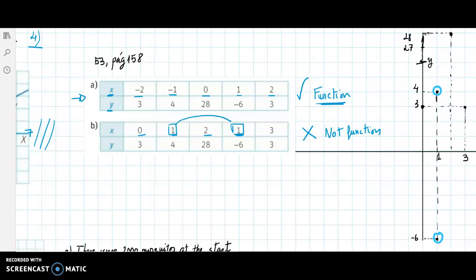In the y, there is no problem. We can repeat the same number. For example, in the first table, we repeat the number 3. Yes, we can repeat the same number for the y, the dependent variable. The question is if we repeat the same number for the x.